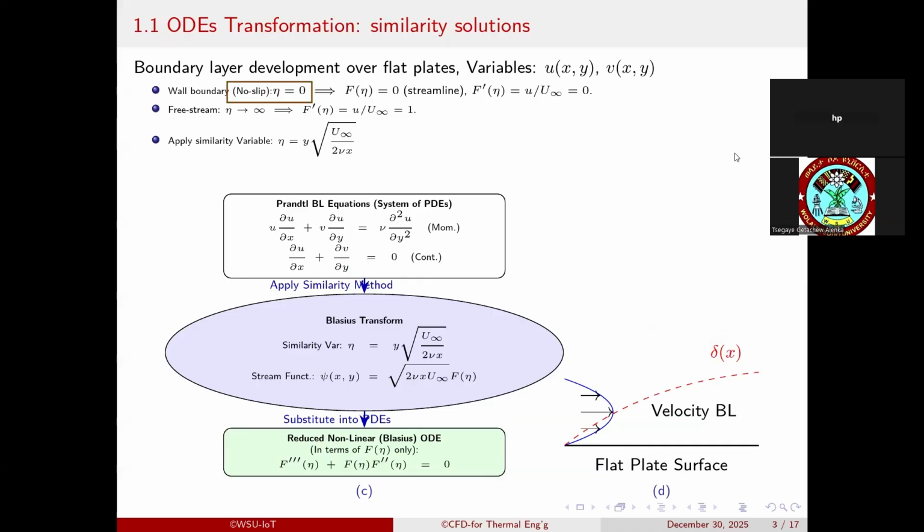That is, the mainstream gradient is much less than the gradient in the boundary layer thickness direction. The third assumption is pressure being considered constant across the boundary layer thickness. Therefore, the resulting Navier-Stokes equation is only the streamwise momentum equation.